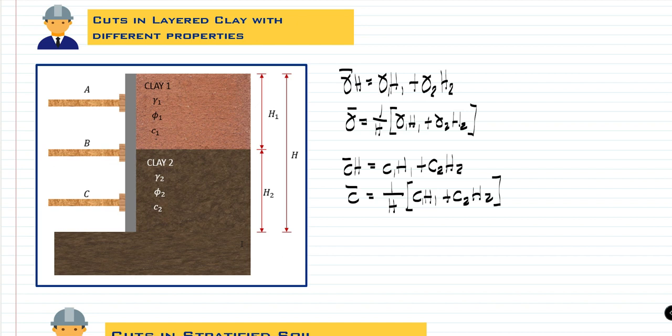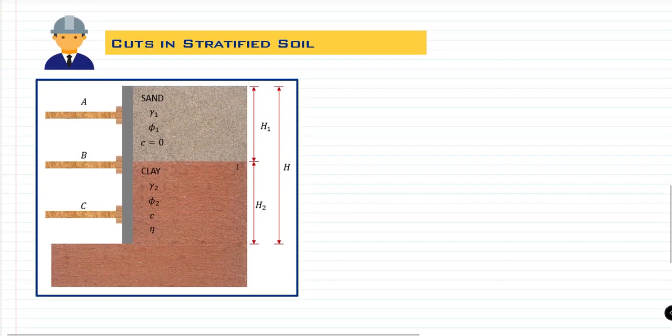Now, paano naman kung stratified yung soil? Ibig sabihin, may part sand, may part na clay. So, for cuts in stratified soil, eto siya. So, sa cuts in stratified soils, from this figure shown, meron tayong sand sa ibabaw.